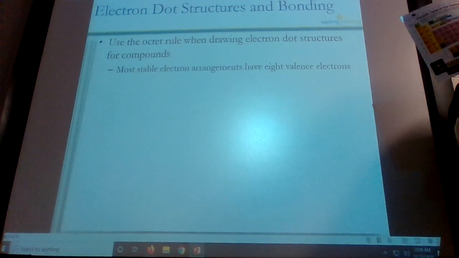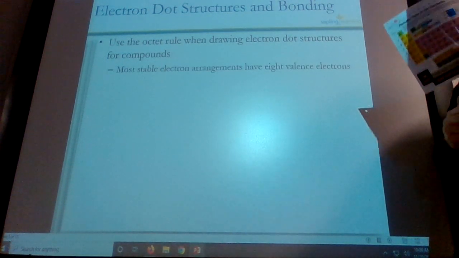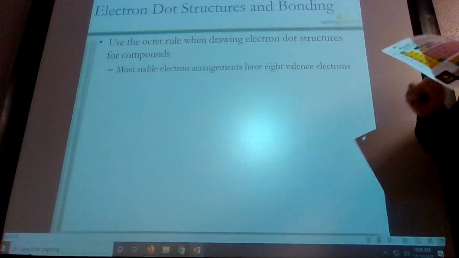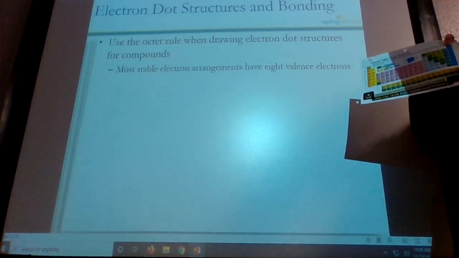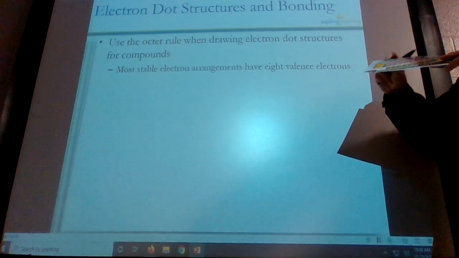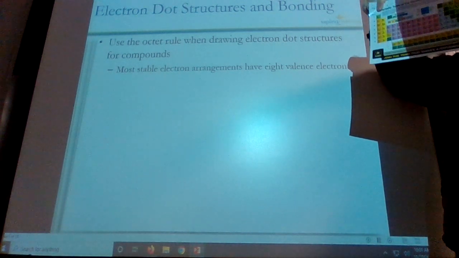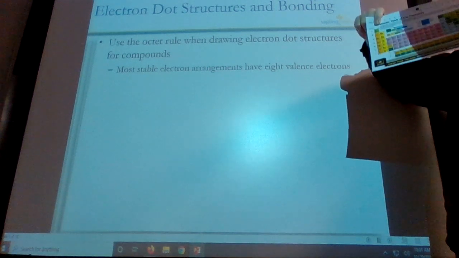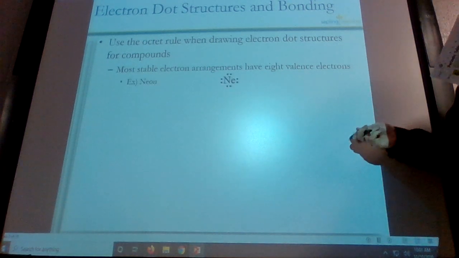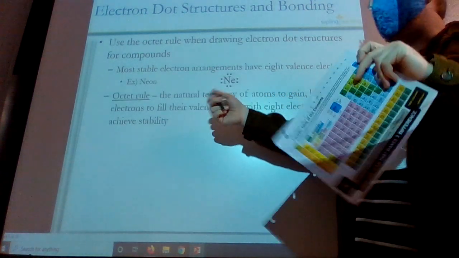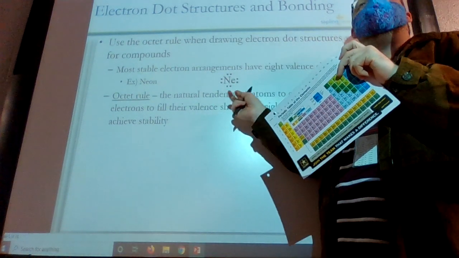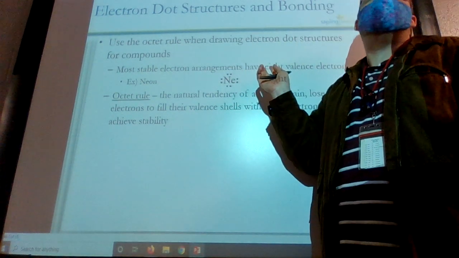So use the octet rule when drawing electron structures for compounds. Almost everything wants to get up to 8. 8 is the total max for almost everything. The only two that don't get up to 8 are hydrogen and helium. In that very first row, hydrogen and helium can only hold up to 2. Neon already has 8, so it's not really going to combine with anything else.